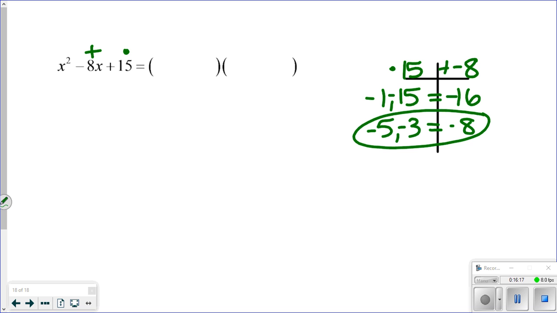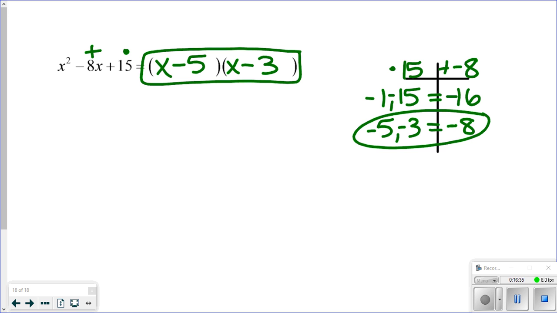And again, I know that they have to be negative because negative times negative is a positive. And when we add them, we get a -8. Okay, so those are my two factors that I write inside my parentheses. Order does not matter.